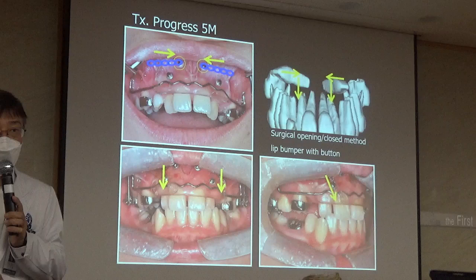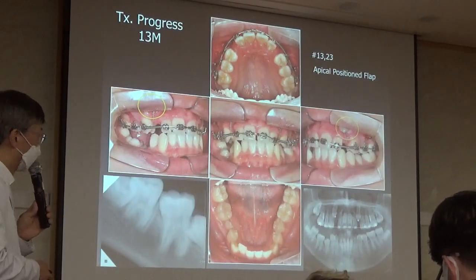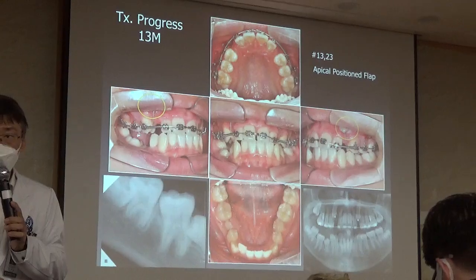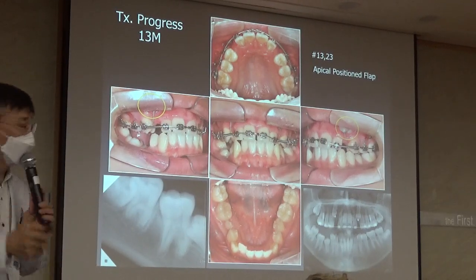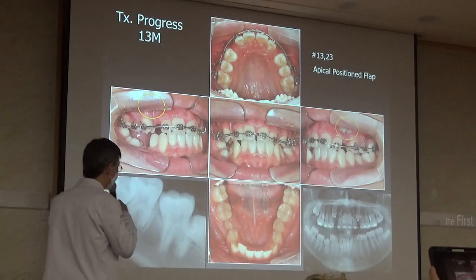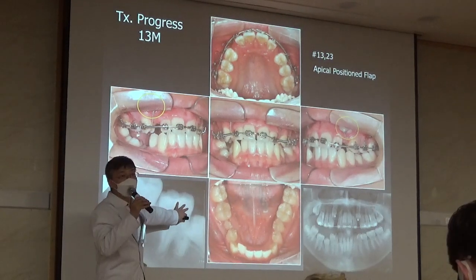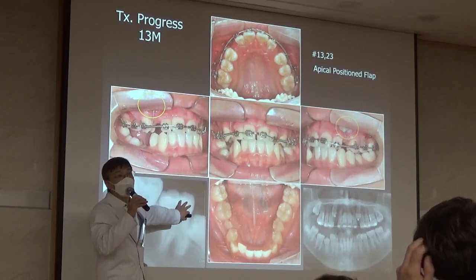So this is a full system design, and I was able to rescue the canine. And then now we're moving it downward. And also another issue was the first molar. We tried surgical relocation once, we ankylosed.